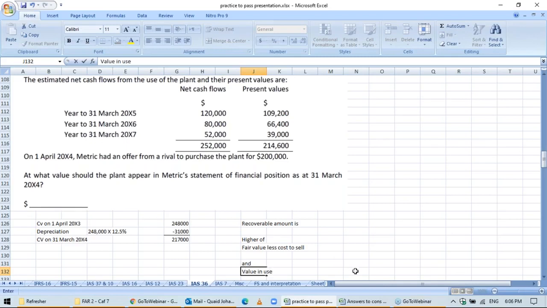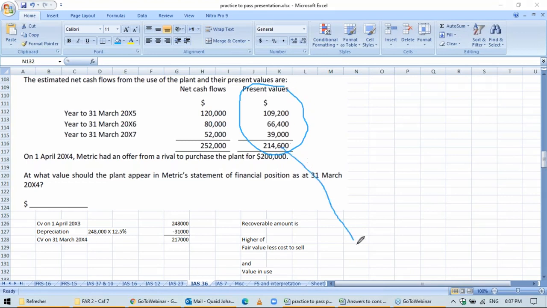You are given the value in use in this question. See, value in use is the present value of the cash flows that will arise in future by using the asset. So this present value working is showing you the value in use of the asset. So the value in use of the asset is $214,600.